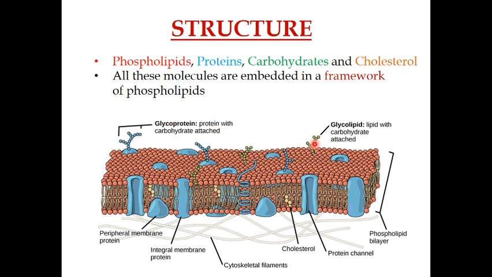Whenever a carbohydrate molecule binds to a lipid in this phospholipid bilayer, we call it a glycolipid. These are the cytoskeleton filaments, integral membrane proteins, and peripheral proteins. We will discuss that in coming slides. So entirely this is a phospholipid bilayer.